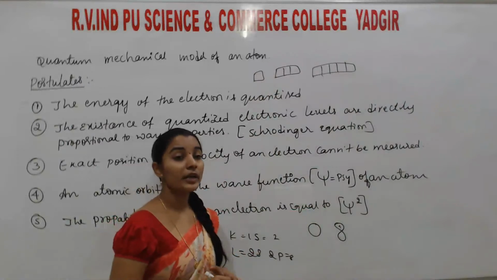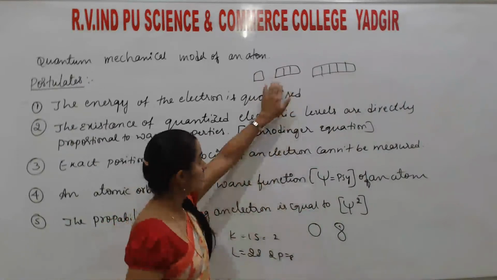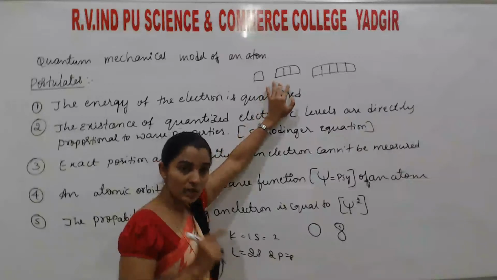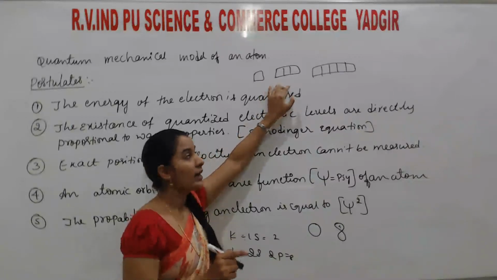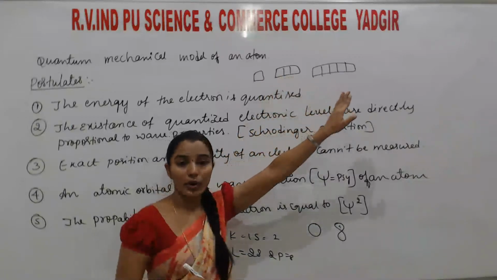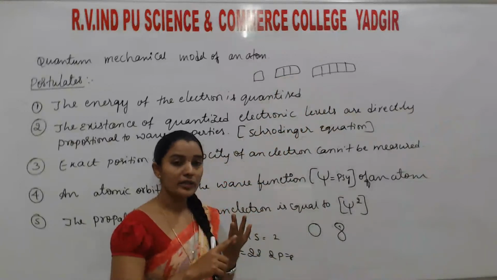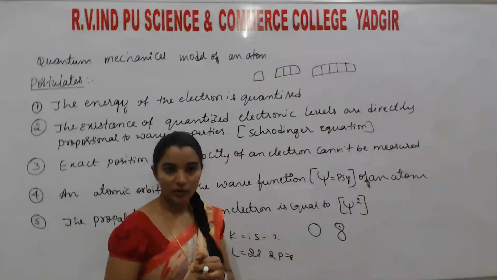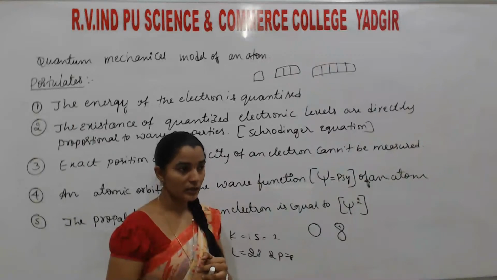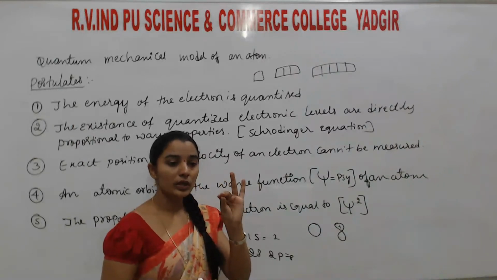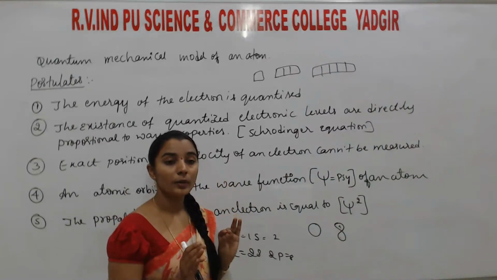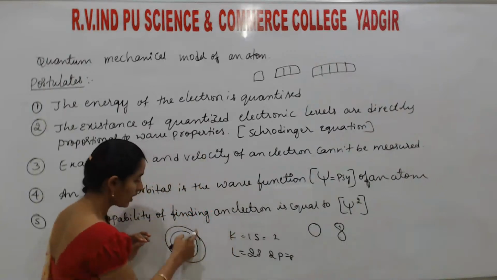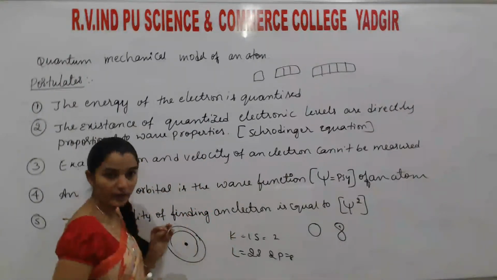Why am I taking those boxes? Where the electrons are present in the orbital is explained by the magnetic quantum number. You know, 1s2, 2s2, 3s2 we are going to write. Correct? 1, 2, 3 are the principal quantum number. It means these shells 1, 2, 3 show where they are present.